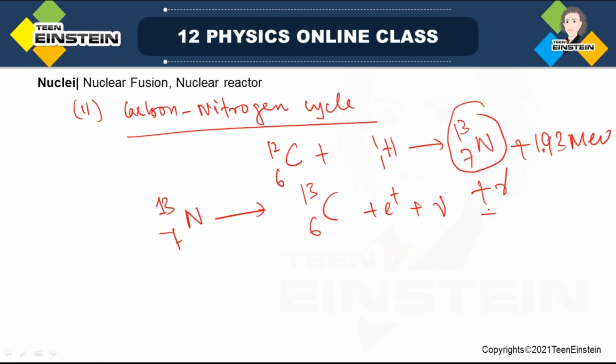Along with that, 1.20 MeV energy is released. Now since this carbon C13 is unstable or radioactive, it also will disintegrate.